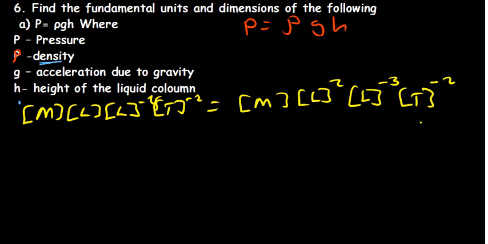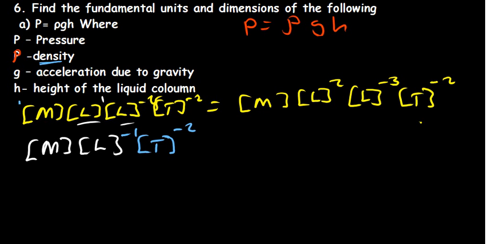Now I can clearly see that there are some like terms which we can add. This and that can be added. If the bases are the same, you add the powers. Here the power is just 1, so 1 minus 2 is negative 1. So I'll have l to the power negative 1, t to the power negative 2. What I have here, I need to have the same thing even on the right hand side.